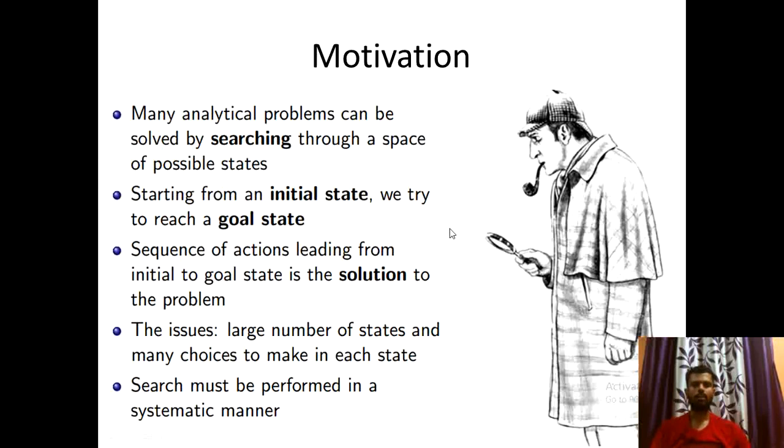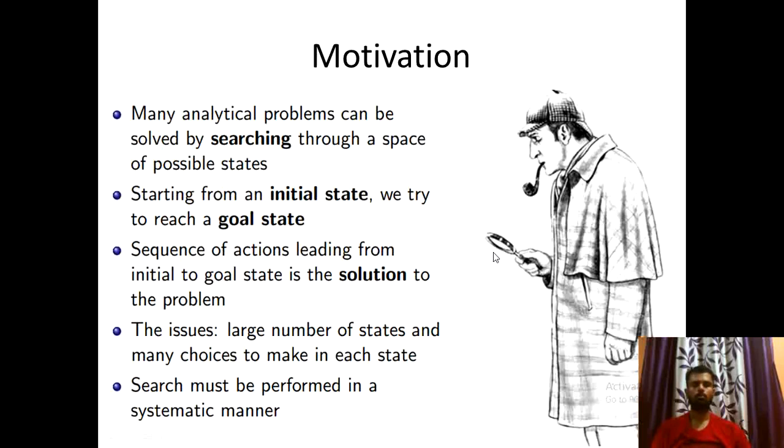As I have already discussed, the states between the starting state and ending state are the sequence of steps, that means step 1, step 2, step 3. By using these steps or these states, we can reach our goal easily. So what is the issue? The large number of states and the many choices to make in each state.